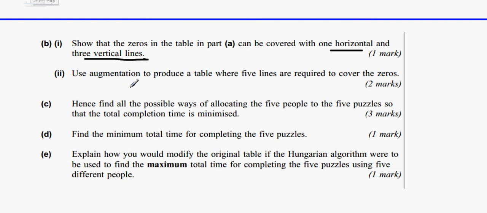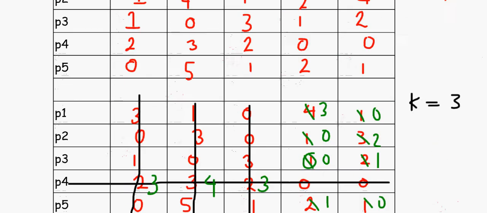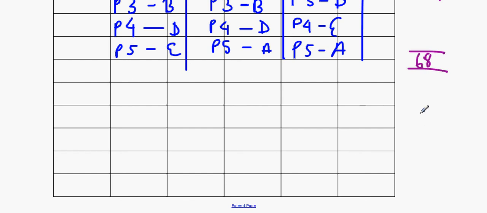The last one: explain how you would modify the original table if we were used to find the maximum. All you've got to do is take the biggest number minus X. In an algebraic way, because that did not make sense, it would be the biggest number minus the elements in the boxes.